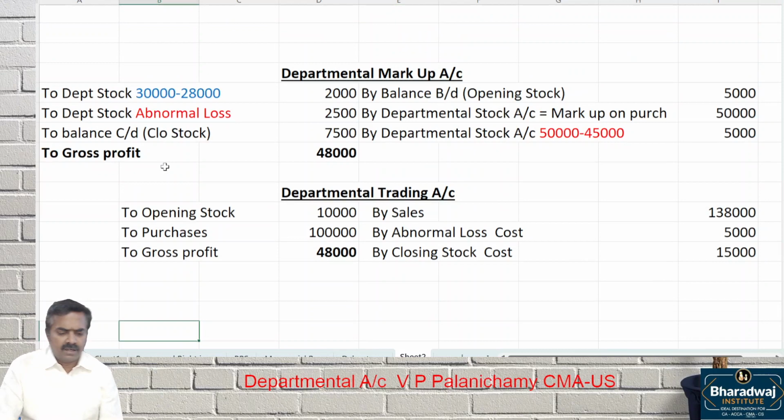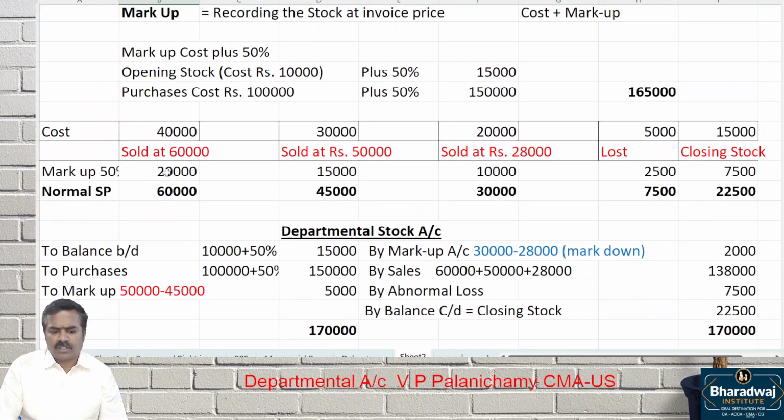Okay, we can work out the gross profit like this also. Look at this. What is the markup on this first line item? 20,000. This one, 15,000 plus 5,000 extra, plus supernormal profit.